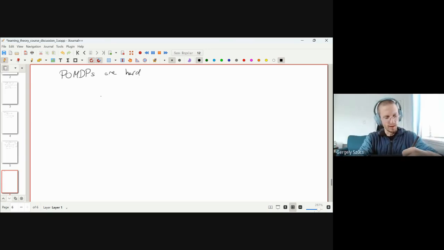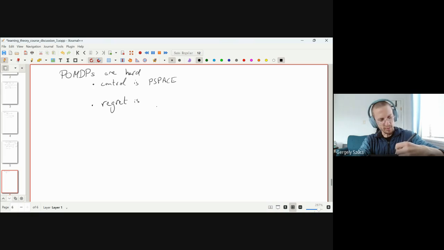And then the claim is, I guess there was one claim about the control problem being piecewise hard, and then you're asking about the second one. What I was trying to say there is the regret can be exponential in the number of states.